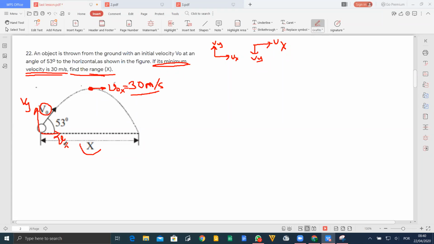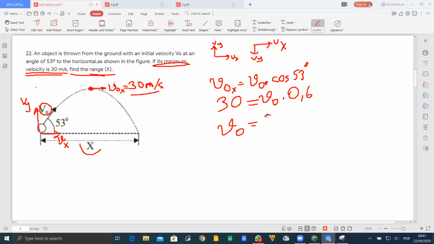What is the relationship between Vx and V0? Let's write it down. V0x is equal to V0 times cosine 53. So V0x, we know 30, is equal to V0 times cosine 53, which is 0.6. And then V0 is 50 meters per second.